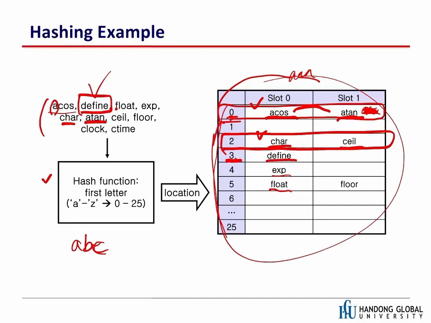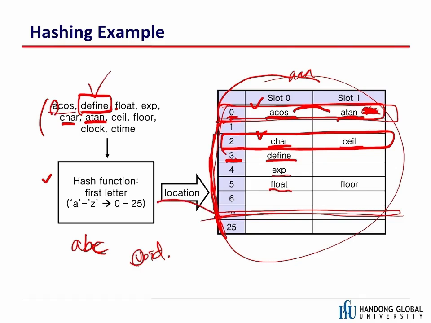Then we don't have to look at the other buckets. We can go to this first bucket directly. And if we have void, then void is somewhere around here. Based on the first character, we know where it is, if it is there. Then we don't care about the other buckets.